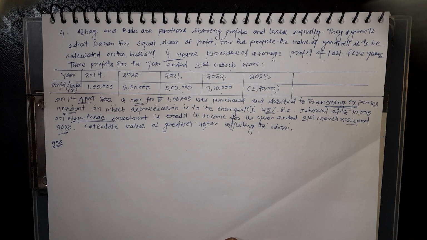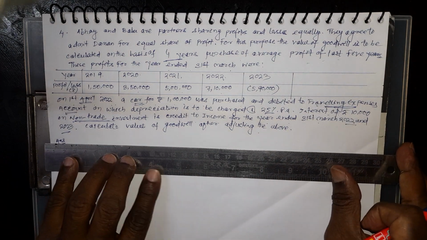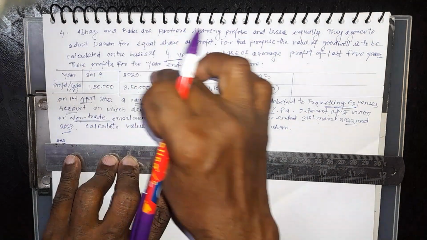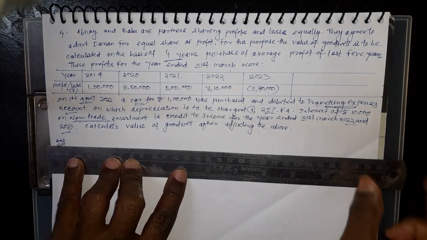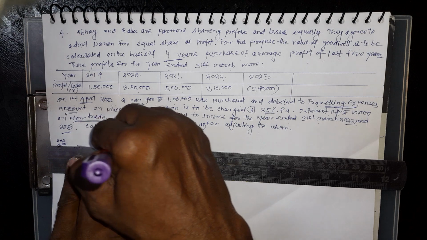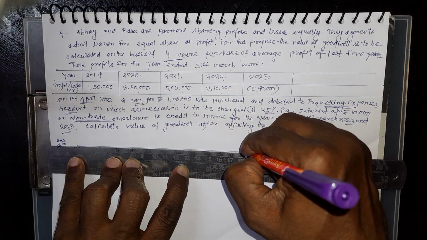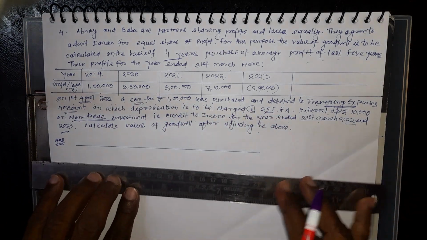We have to solve it this way, because here 5 years are given, and adjustments are also given. So we have to write it separately. Clear?